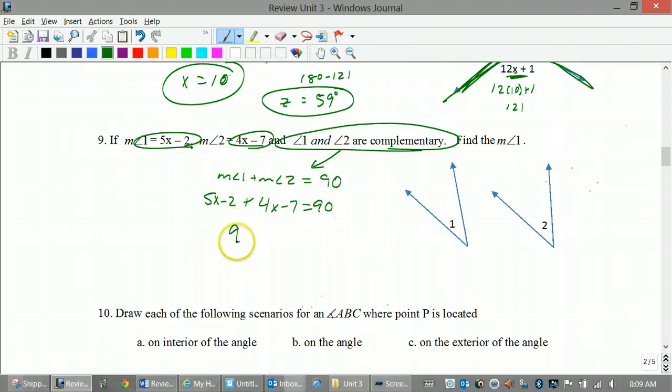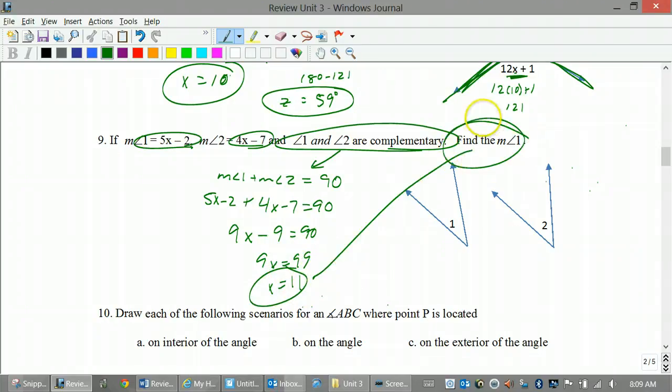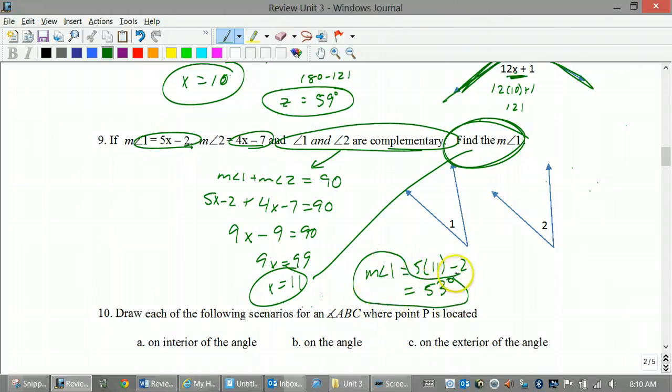We combine like terms, we get 9x minus 9 equals 90. Add 9, 9x equals 99. We get x is 11, but that's actually not the finish to the problem. We want to find out what measure of angle 1 is. So measure of angle 1 equals 5 times 11 minus 2, which is 55 minus 2, or 53 degrees. Fantastic. Keep up the good work, guys.